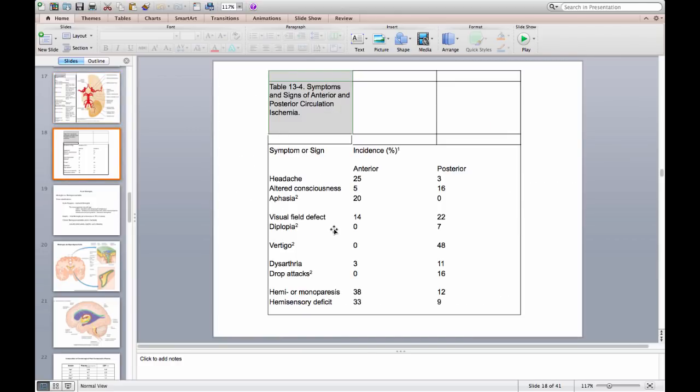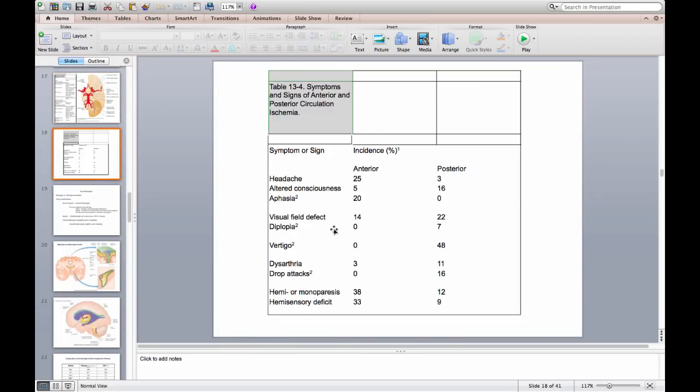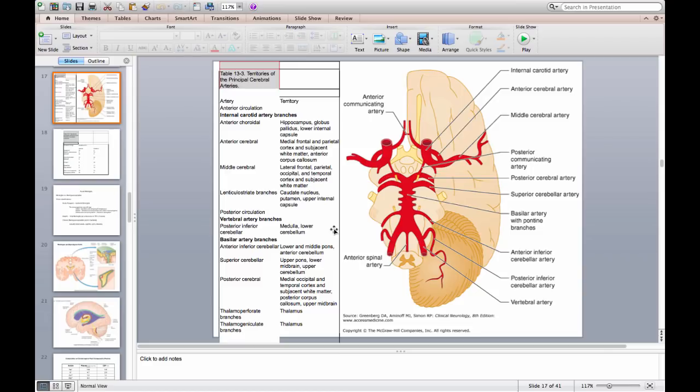I threw this up just to, please don't memorize slides 17 and 18, please. The purpose was to give you something to be used as reference. Basically, it's the major branches where we see strokes happening, especially thrombotic strokes, and then dividing those vascular branches into anterior and posterior.